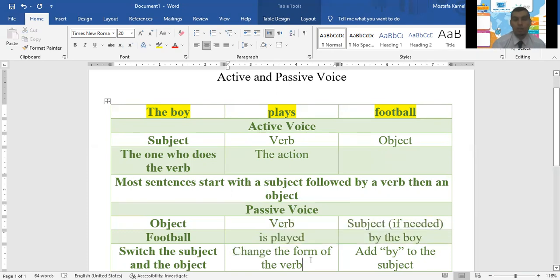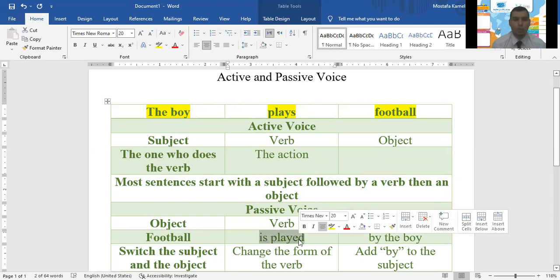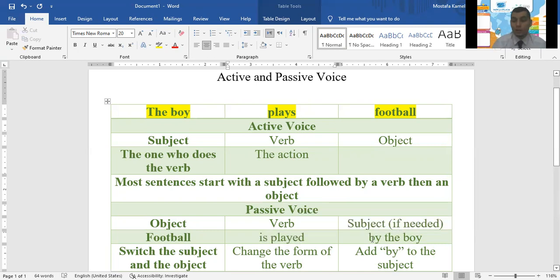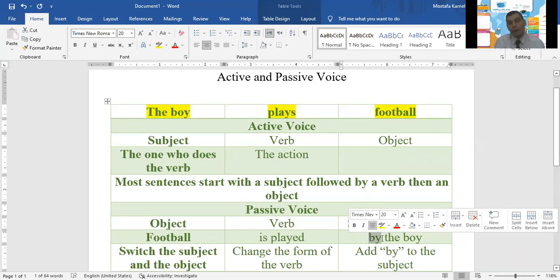Here you can see plays, while here you can say is played. So it's a change, right? Also, with the subject, we add the word by. We add the word by someone, or by who did the verb.